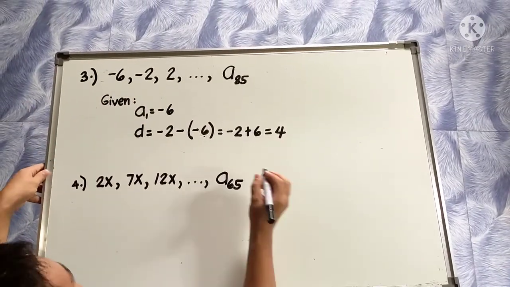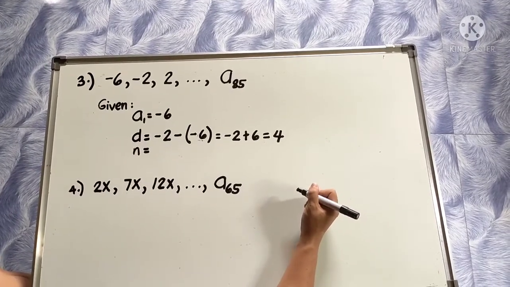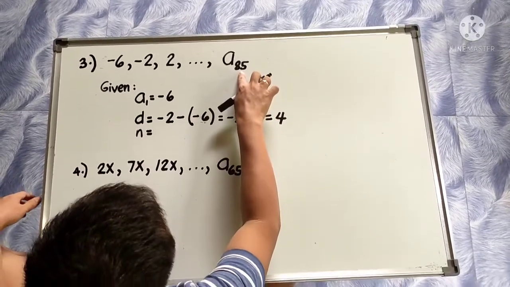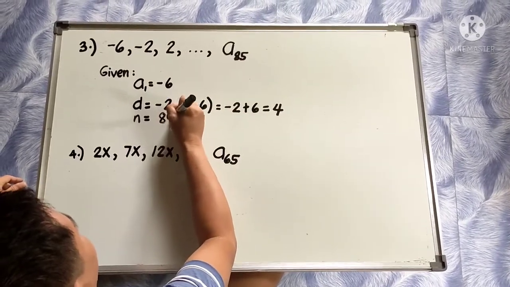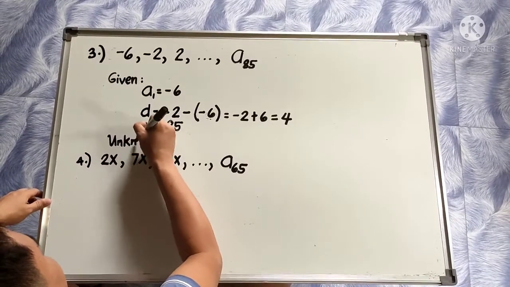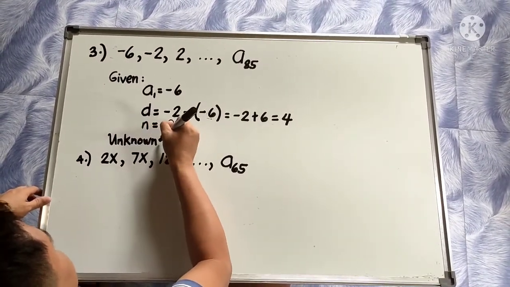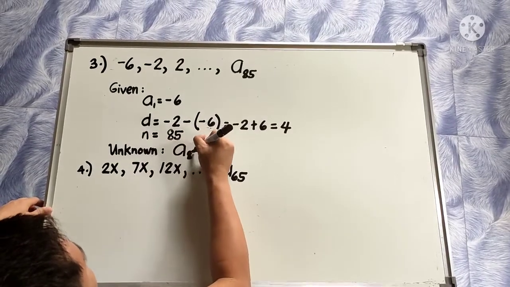Okay? Now what is our n? Our n is the subscript of your missing term, which is 85. So you write 85 here. What is our unknown? Our unknown is a sub 85.